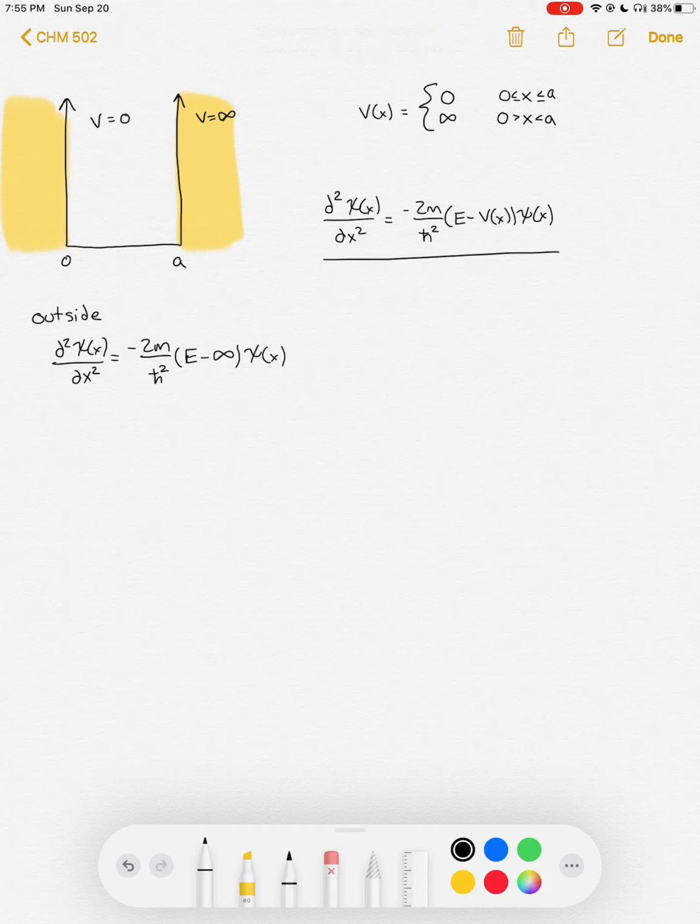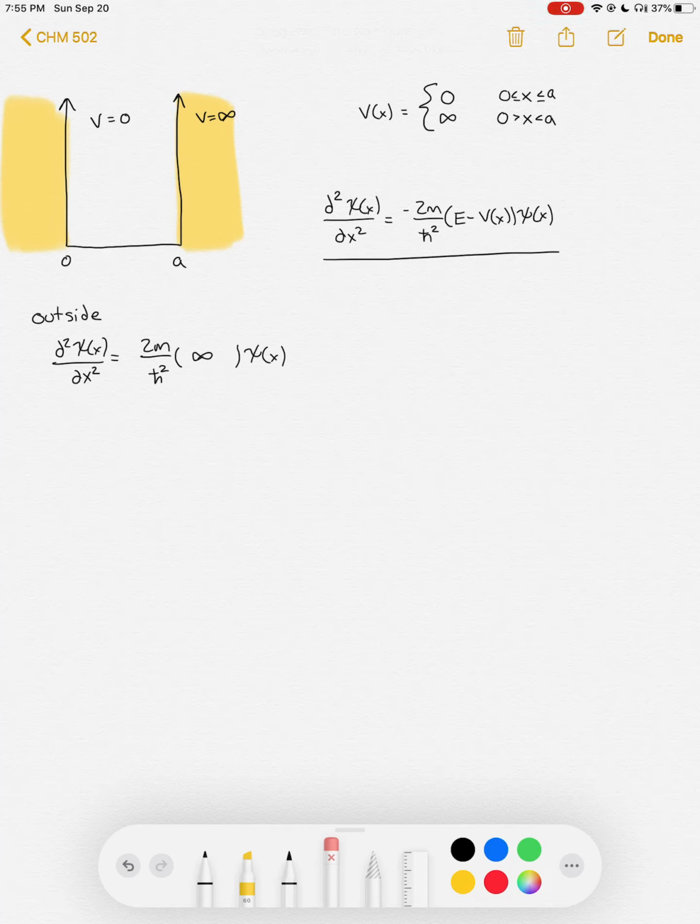Energy minus an infinite potential is going to be negative infinity, so we can swap that out for positive infinity. So we have 2m over h bar squared times infinity times our wave function.